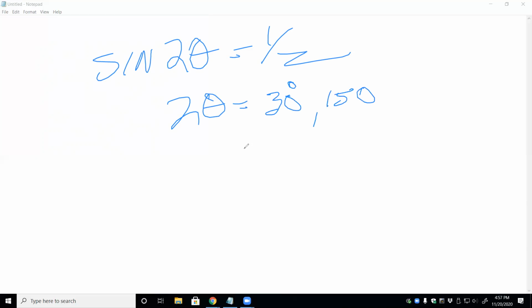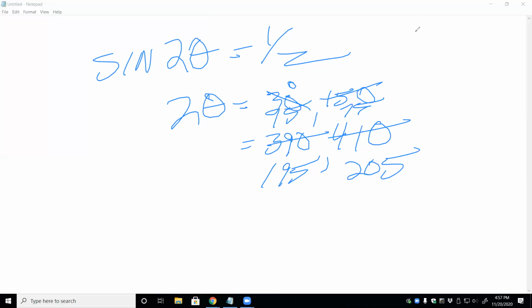And then if I add 360, it's also 390, and it's also 510, and I can just keep adding 360s. Which means that those are the solutions for 2 theta. Which means the solutions for theta are each of these divided by 2. So it would be 15, 75, 195, and 255.